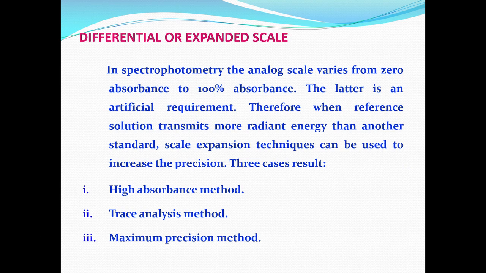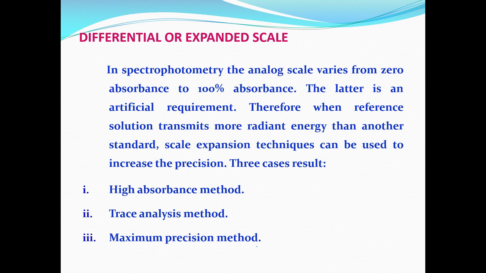So, the analog scale varies from 0 to 100% absorbance, that is 2 absorbance in absolute scale. So, the latter is an artificial requirement. So, when the reference solution transmits more radiant energy than another standard, then scale expansion techniques can be used.